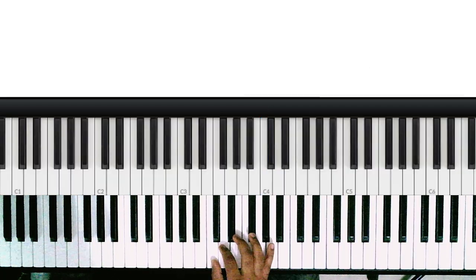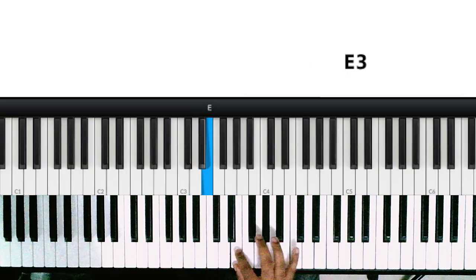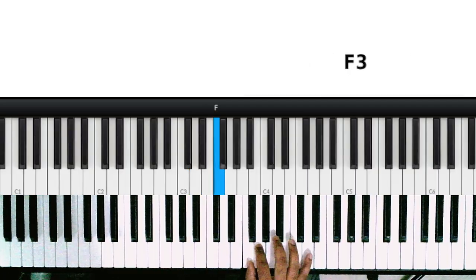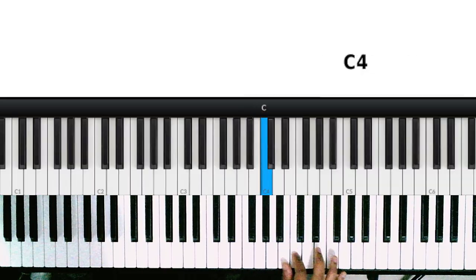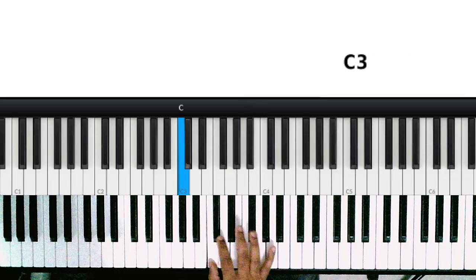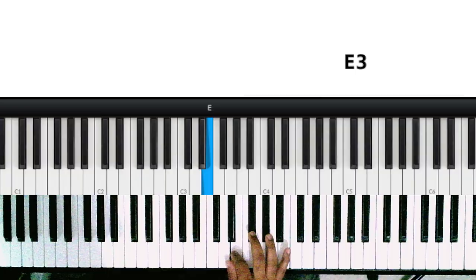Two tones, semitone, three tones, then semitone. So our one is C, our two is D, our three is E, tone.